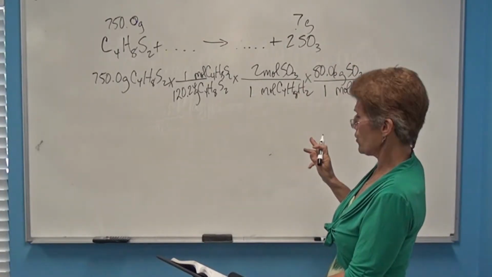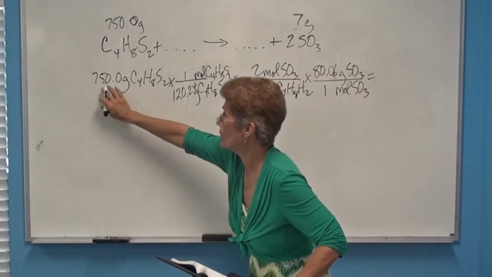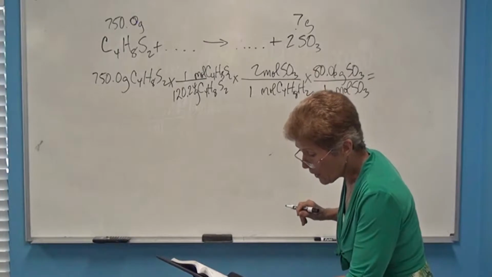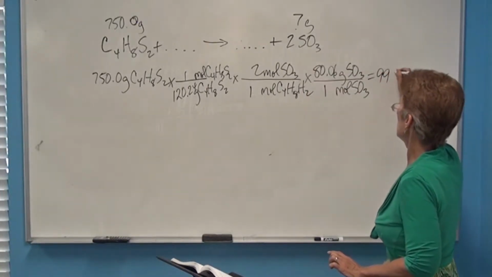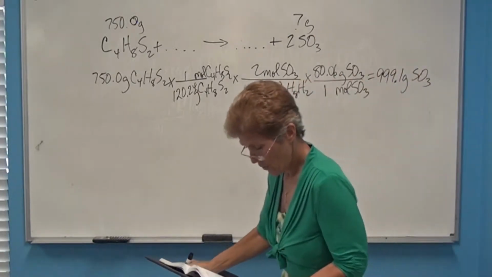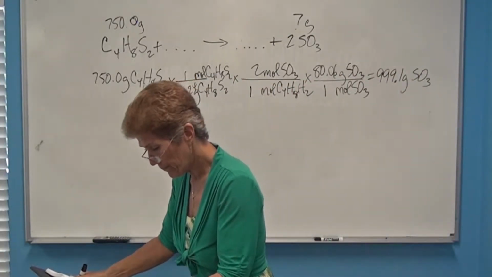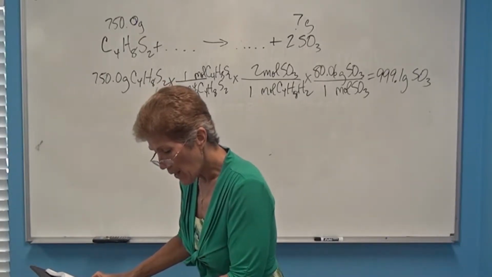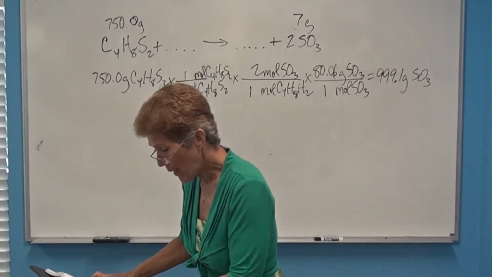And in 4 significant figures, there's 4 here. That's 4 also. 999.1 grams of sulfur trioxide. Okay. Now, that's how much you could possibly get.